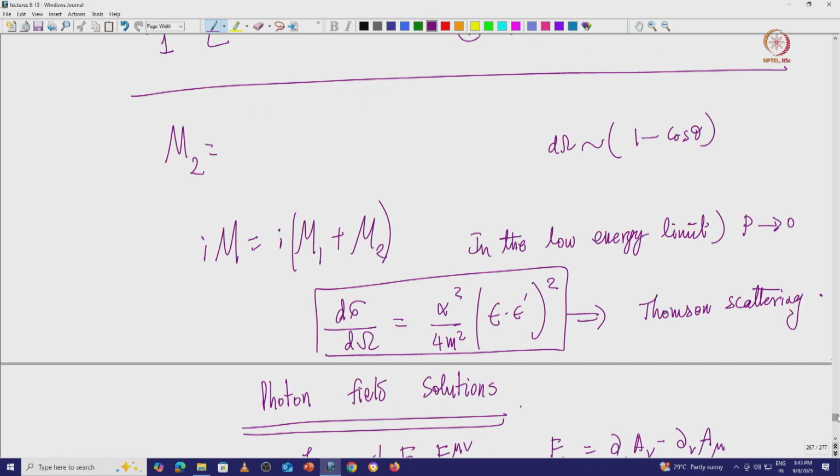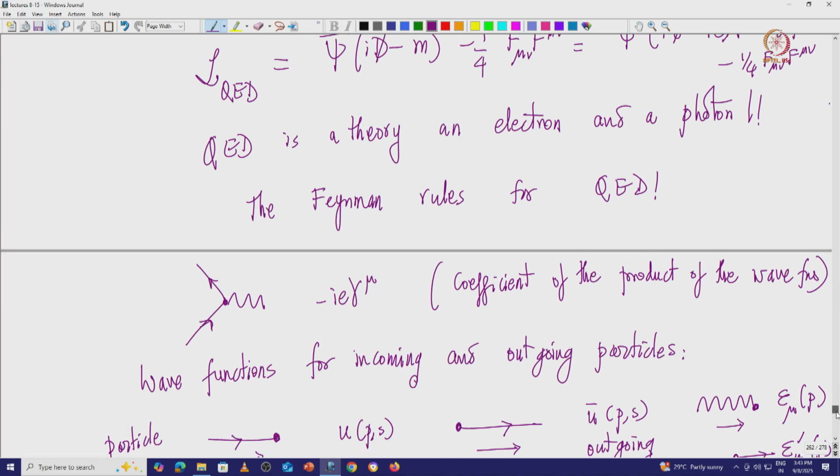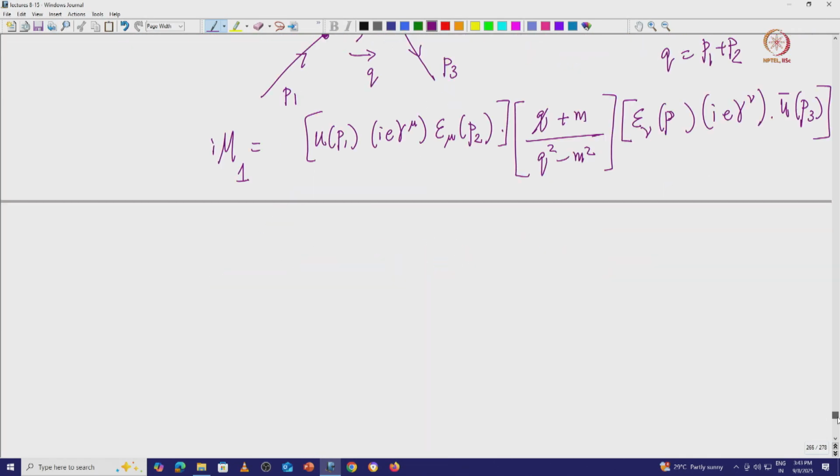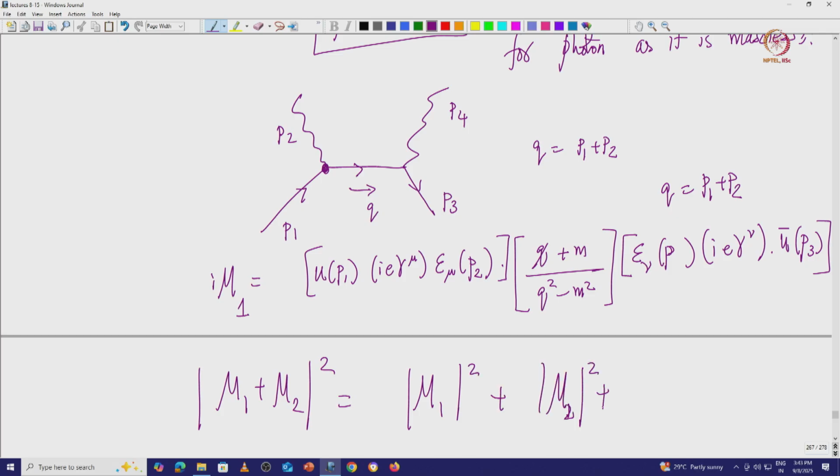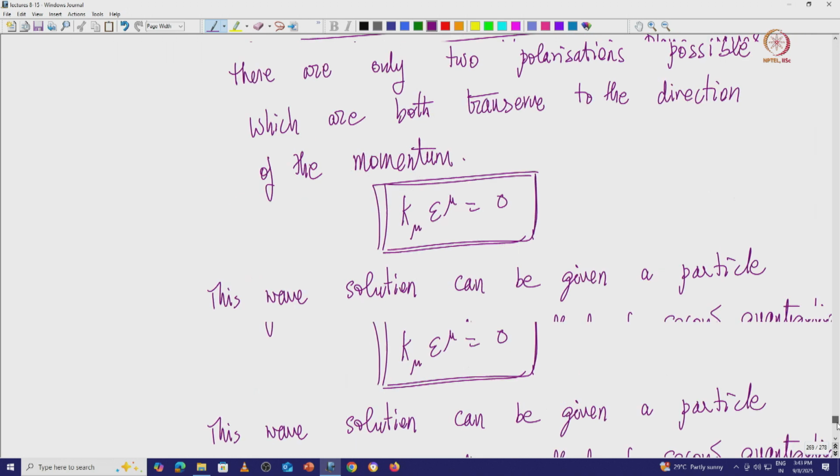So when you do M1 plus M2, if you want to calculate mod M square, this gives me mod M1 square plus mod M2 square plus M1 star M2 plus M2 star M1, okay.